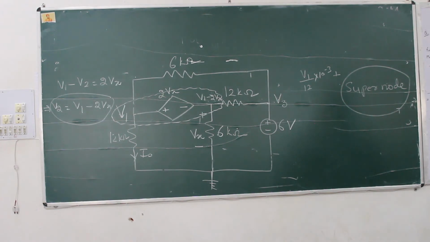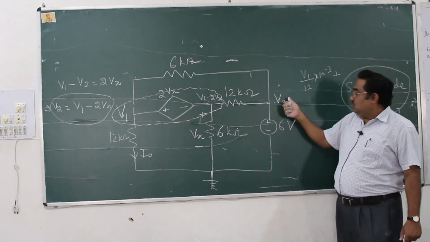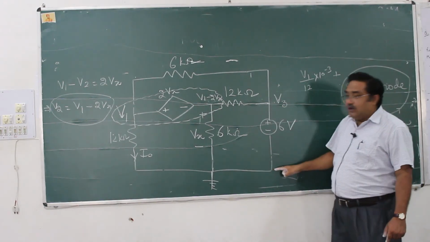Is there any problem so far? This type of problem or this type of node is called a super node. And therefore we are left with only two unknowns, V1 and V3. And what about the second equation for V3? Very simple. V3 will be equal to 6 volt.